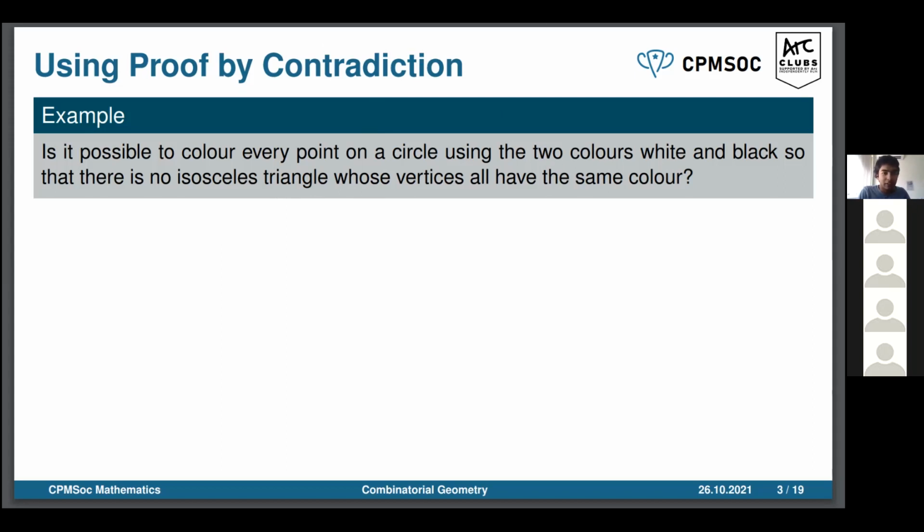Okay, so you can already see, compared to regular geometry problems, this time we're dealing with infinitely many points on the circle. We are coloring each of those infinitely many points white or black. So we have W equals white and B equals black. We're coloring infinitely many of those points white and black, and we want no isosceles triangle whose vertices are the same color.